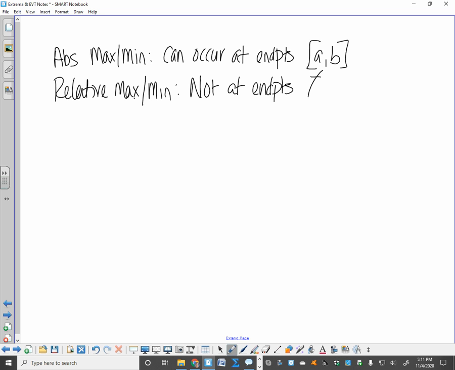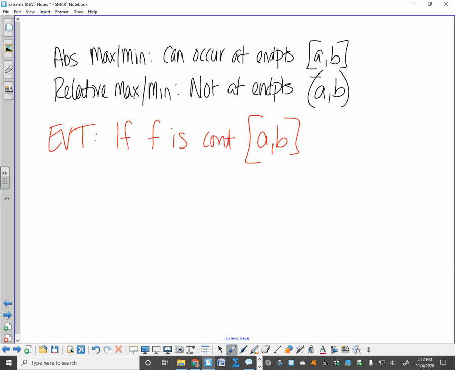That is an open interval, A to B. Okay. And we learned about the EVT. The EVT says if f is continuous on the closed interval, and remember that was a deal breaker for a lot of our graphs, then f has a max and min in the interval A to B.